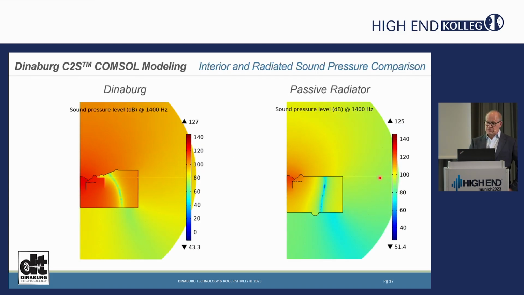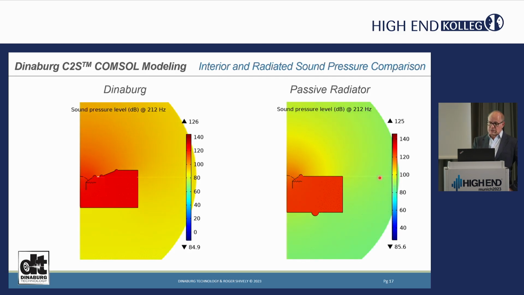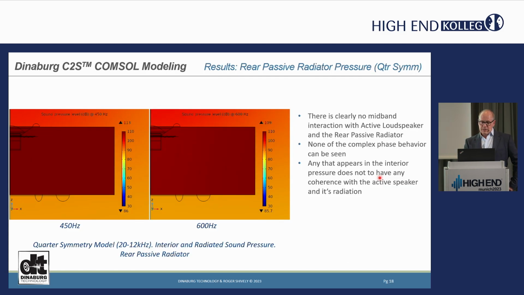And here, this is a quick animation, so you won't be able to capture any information there until I go to the next slide, when we'll go step by step. And we'll go to the next page, and if you remember the previous one, which had the ring here plus the passive radiator here, we saw some phase interaction in the mid-range between the active speaker and the passive radiator. In this case, we're not seeing any complex behavior here.